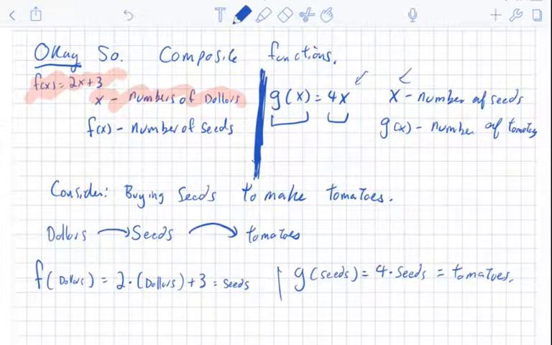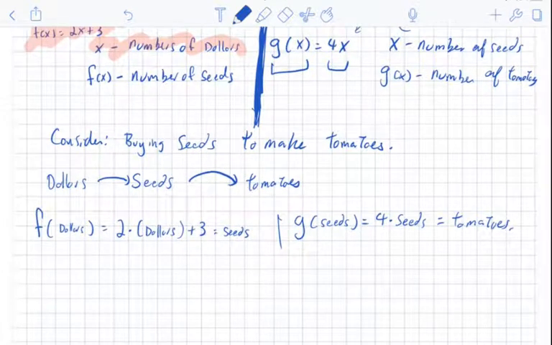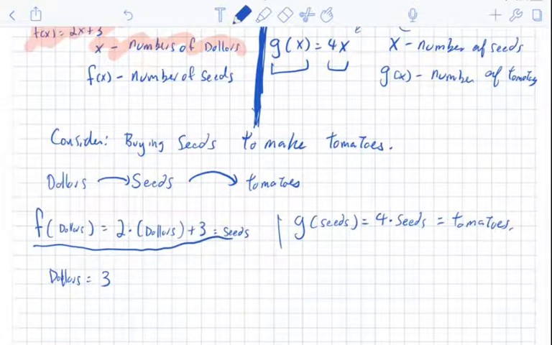Do you see where this is going? So if somebody gives me some number of dollars, say dollars equals $3, I can use this function to calculate how many seeds I get.